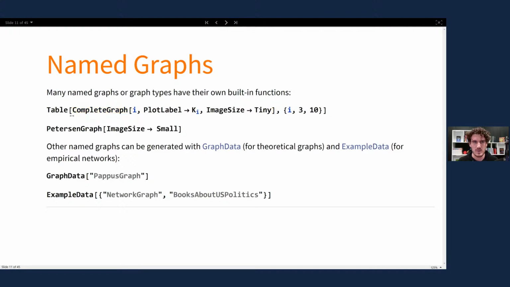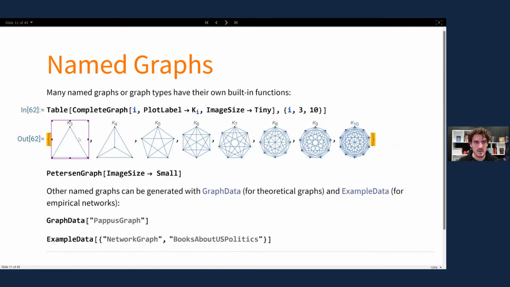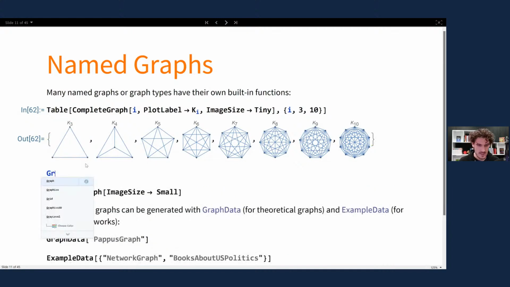Here we're going to start with a table of complete graphs. A complete graph means every node is connected to every other node via an edge. I often like this example because we can have this thing called graph density, which I think is probably self-explanatory.